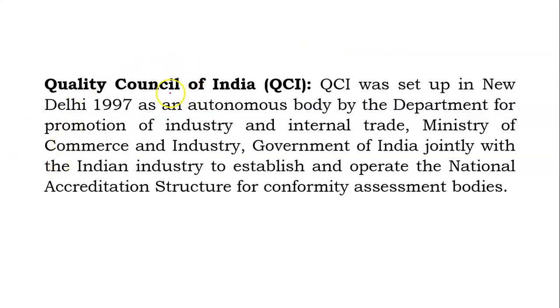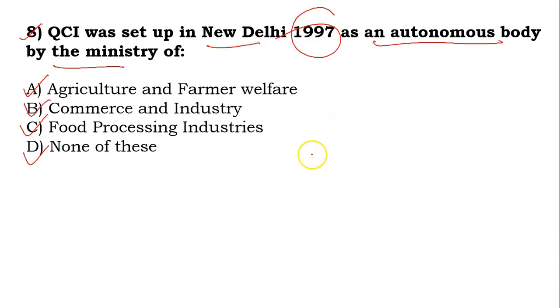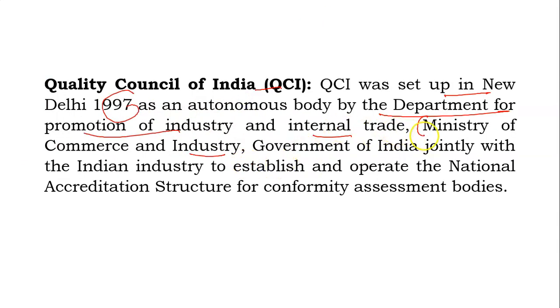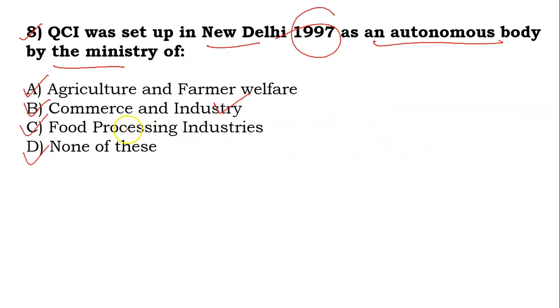So friends, this Quality Council of India was set up in New Delhi in 1997, and it is an autonomous body under the Department for Promotion of Industry and Internal Trade under the Ministry of Commerce and Industry, right? So your answer will be B, that is Ministry of Commerce and Industry.